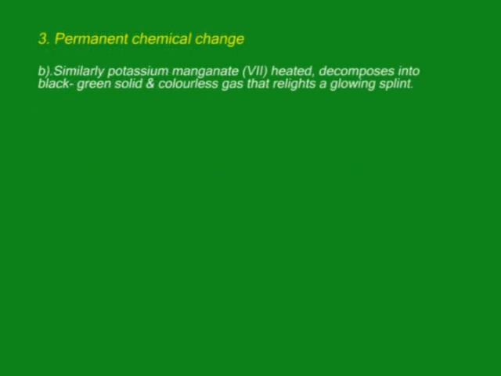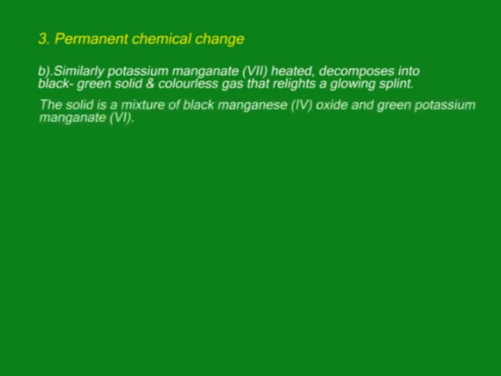Similarly, when heated, potassium manganate 7 decomposes into a black-green solid and a colorless gas is evolved. This gas rekindles a glowing splint. The black-green solid is a mixture of black manganese 4 oxide and green potassium manganate 6. The colorless gas is oxygen.